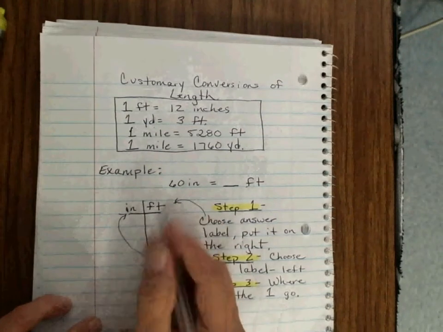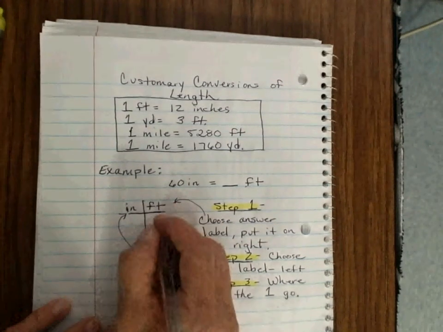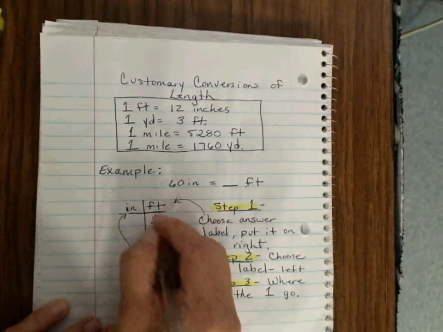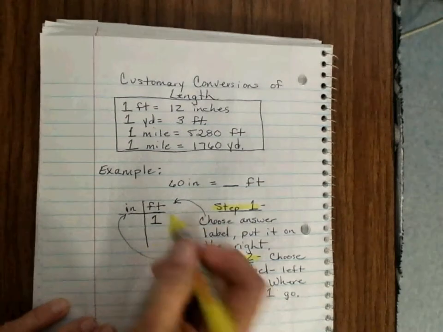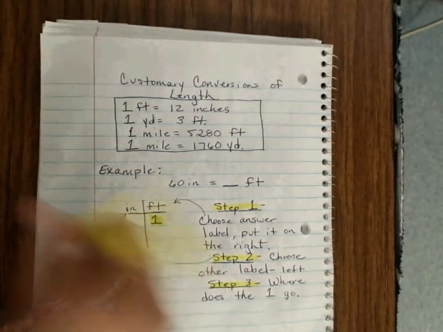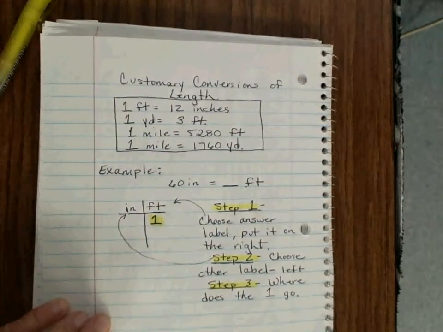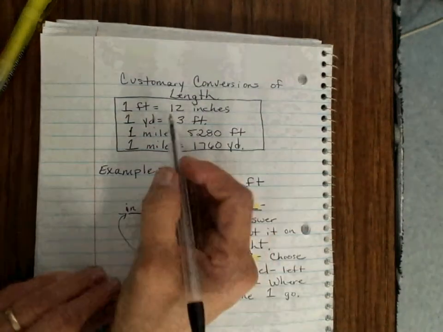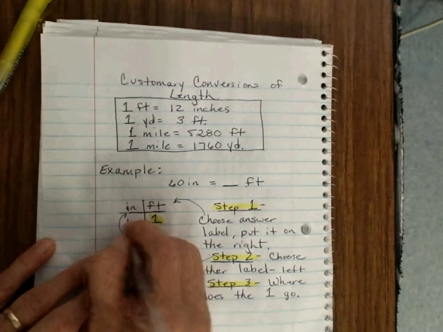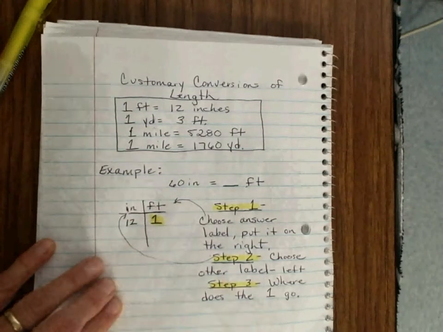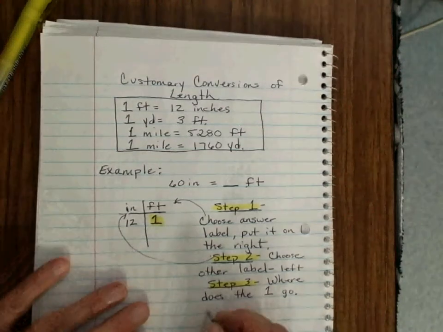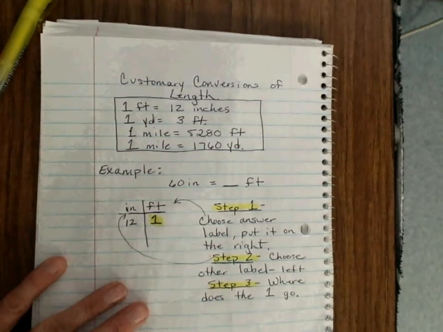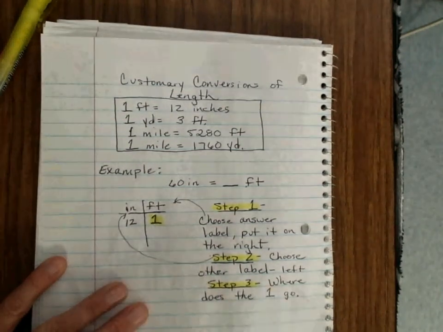So 1 is under the foot, 1 foot. Where does the 1 go? I'm converting to feet. There we go. 1 foot. And then I'm going to write what it equals. Well, it equals 12 inches. There are 12 inches in 1 foot.